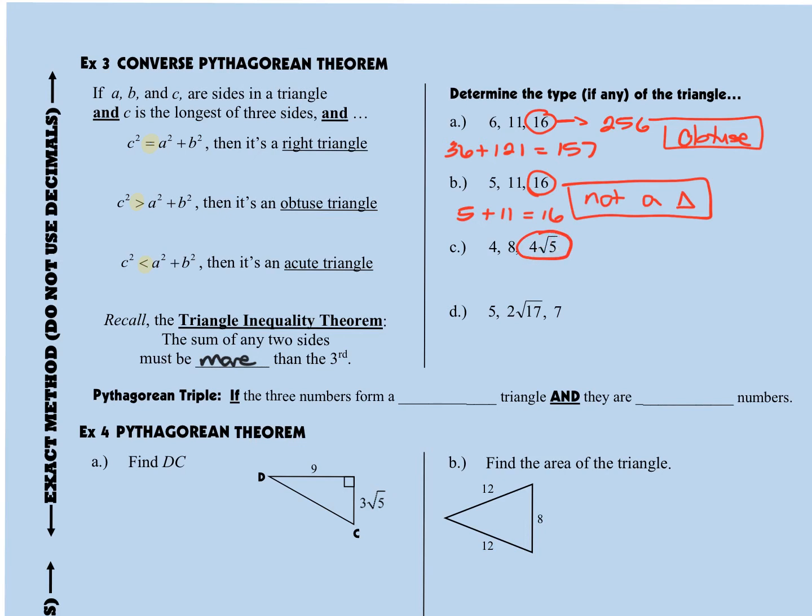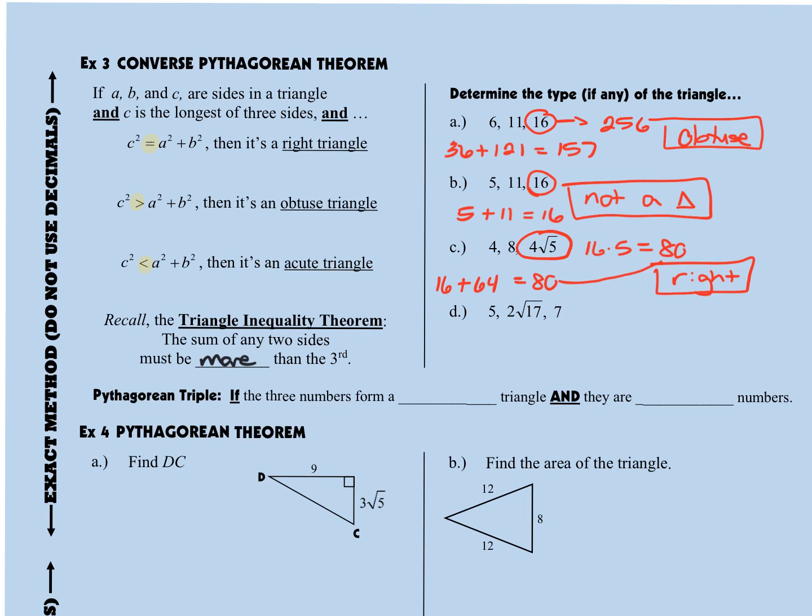So that's a good, quick, easy way to figure out that that one's going to be bigger. Now, 4 radical 5 squared is, of course, 16 times 5, and that gives us 80. Now, let's add the 16 plus the 64, and 16 plus 64 is 80. So these two are the same, so this would actually make a nice right triangle for us.